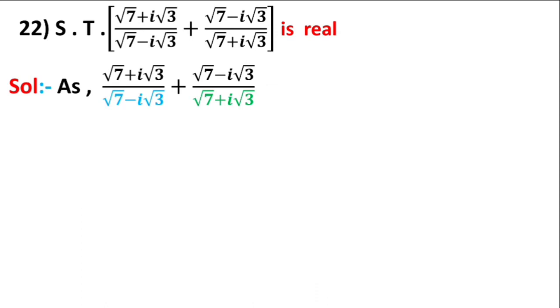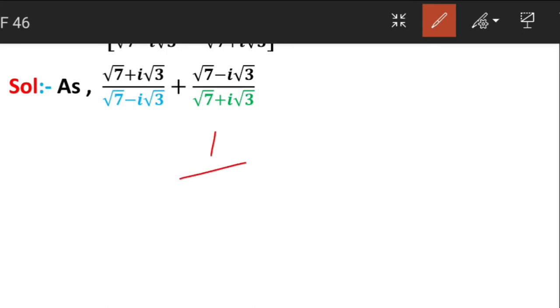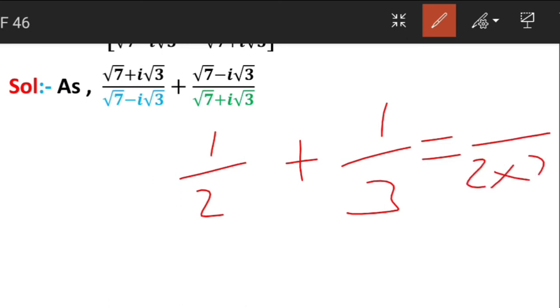You know the sum of two rational numbers, for example 1 by 2 plus 1 by 3. How to simplify this? Taking the LCM, 2 into 3, and 1 into 3, that is 3, plus 1 into 2, that is 2, so 5 by 6.